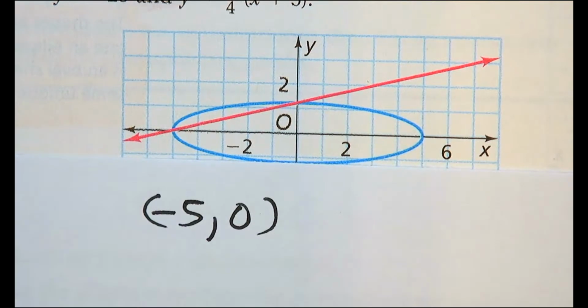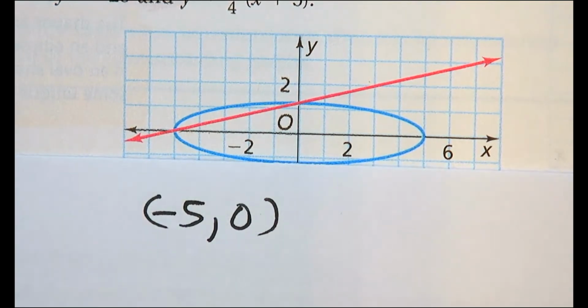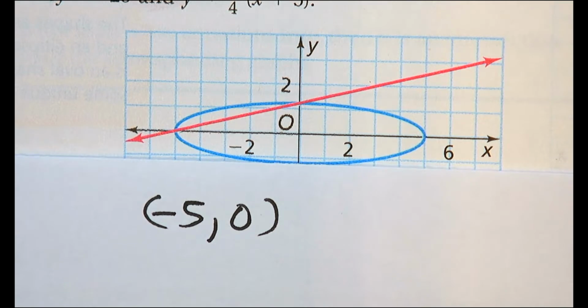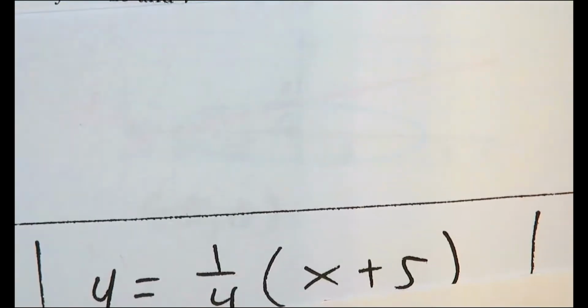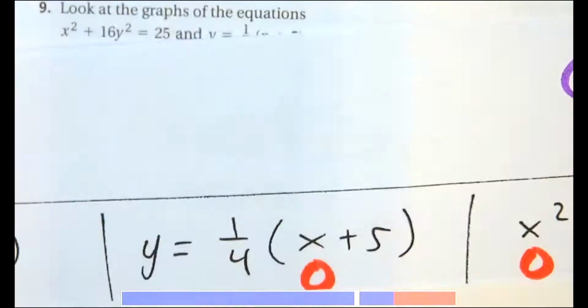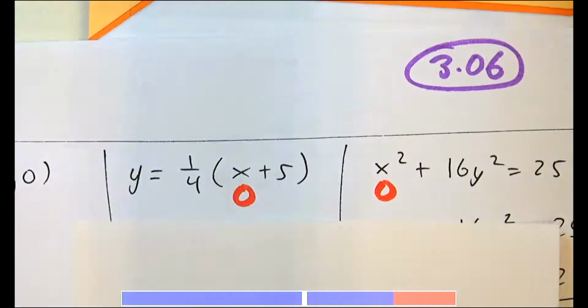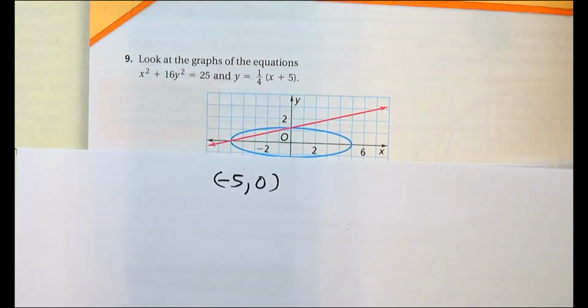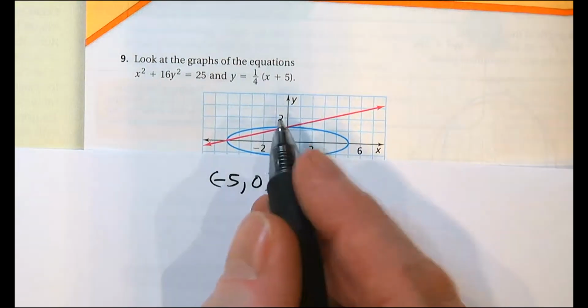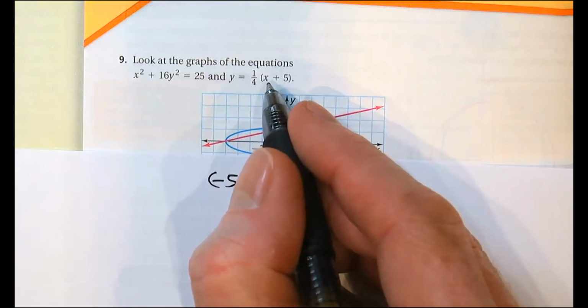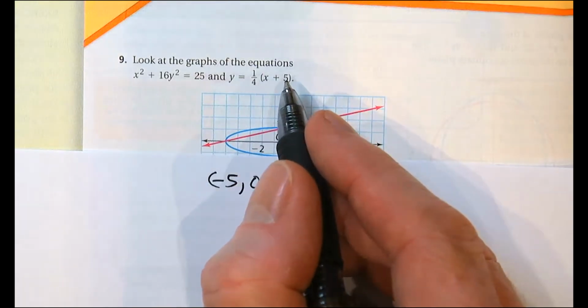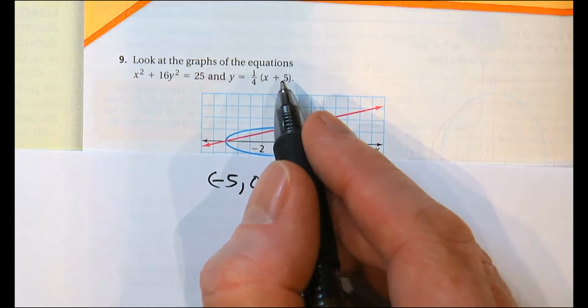So what I did, and let me get something here to cover this up. I took the equations. Let me zoom out. Here's the equation. I put -5 into them. If I put -5 in here, what's -5 plus 5? -5 plus 5 is 0.